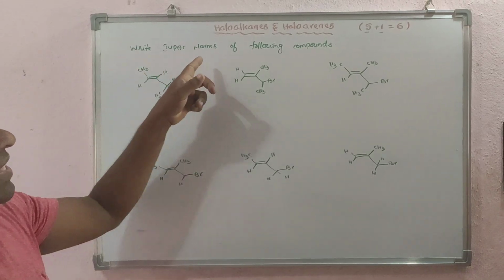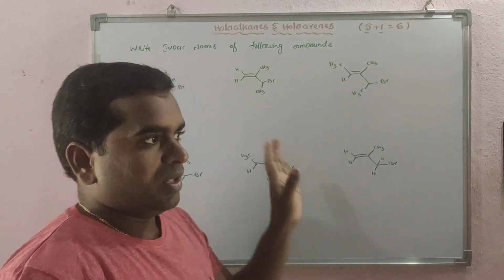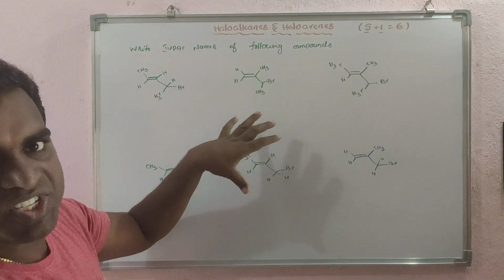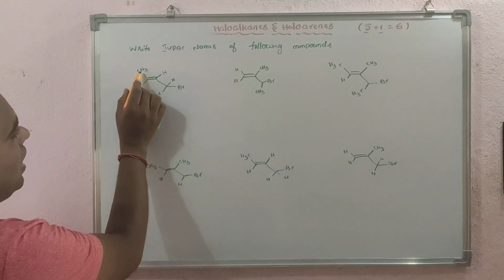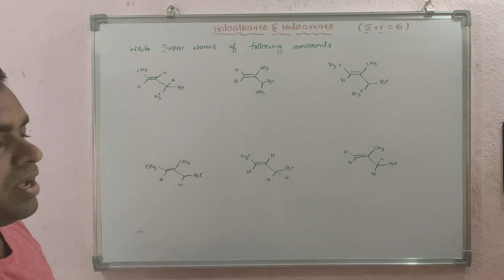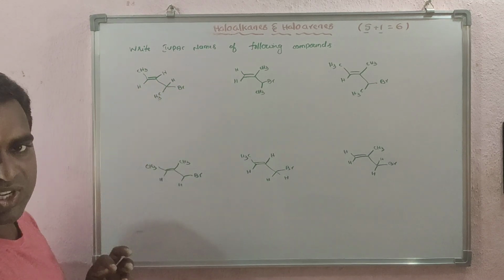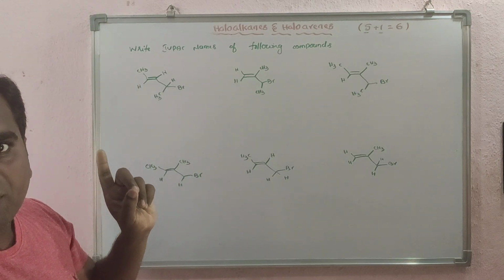Next one, write the IUPAC names of the following compounds. Clear? These compounds I have taken from the NCERT textbook. Clear? See now. You have to write the IUPAC name of this compound. And I already mentioned here a double bond is there and bromine is present. So that's why you have to give priority to which one?